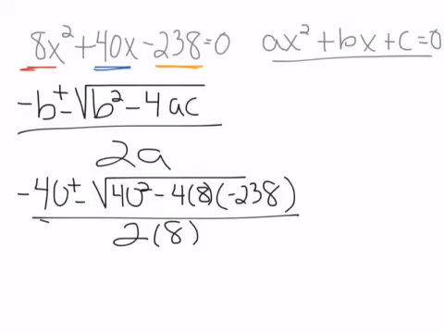Okay, so I'm probably going to have to move to another slide because this is taking up a lot of room, but let's simplify a little bit. So be careful because this is a minus and this is a minus. So when you multiply this out, you're going to get a negative, and then you're going to be subtracting a negative, so it's really going to make a positive. So I have negative 40 plus or minus the square root. 40 squared is 1600.